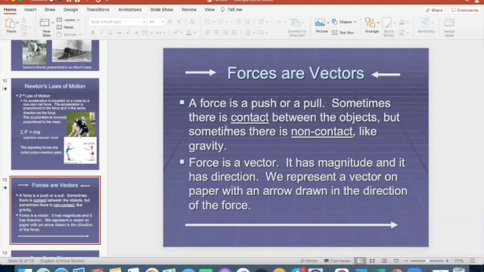Sometimes there's contact between those objects, but sometimes there's non-contact, like gravity. Gravity is a force. So don't forget, force is a vector, so it has magnitude and direction. And don't forget how to draw a vector: you start from your starting point, and then you end with the arrow pointing in the direction of motion.